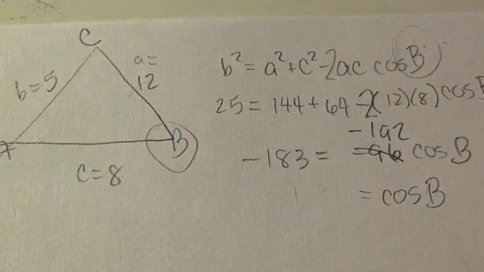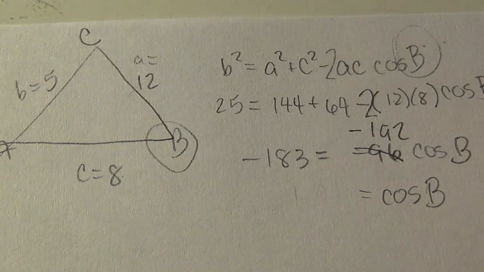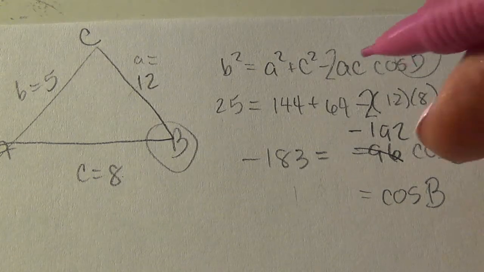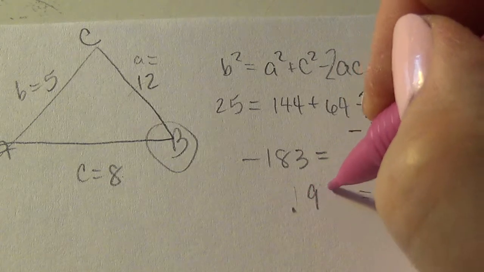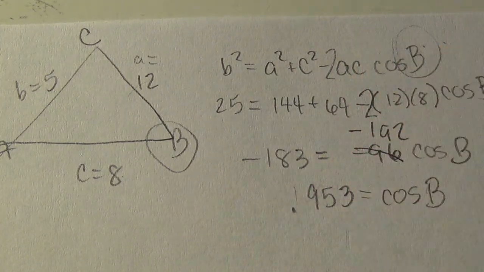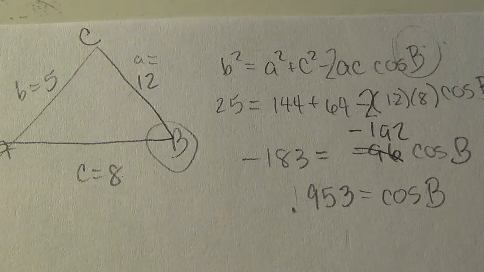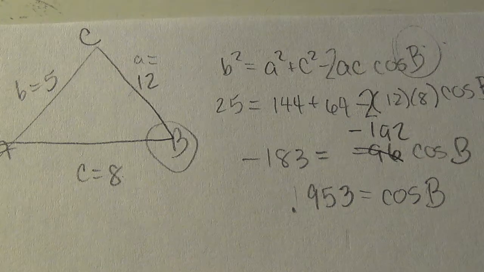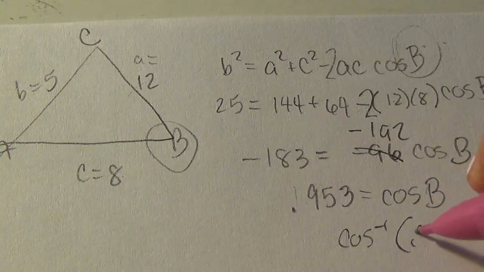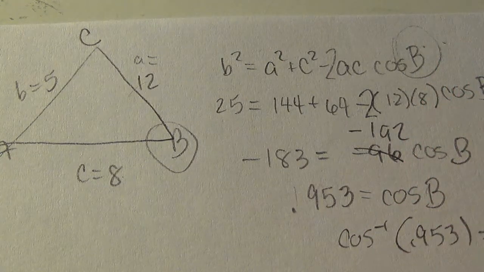Alright, so negative 183 divided by negative 192 equals, that's better, 0.953. Now to find the angle that has that as its cosine, the calculator knows, and it is cosine inverse of 0.953.